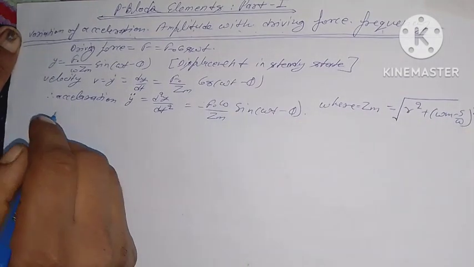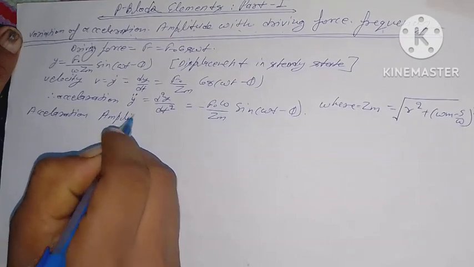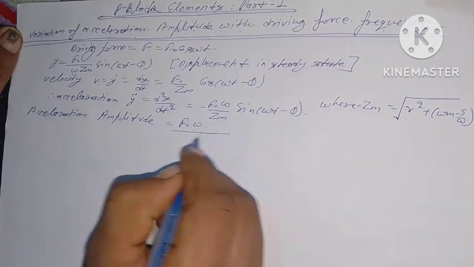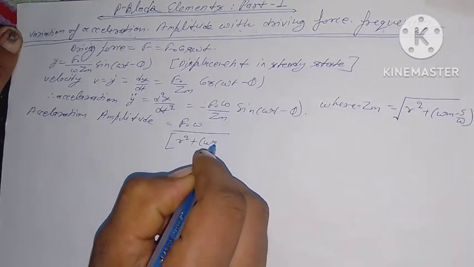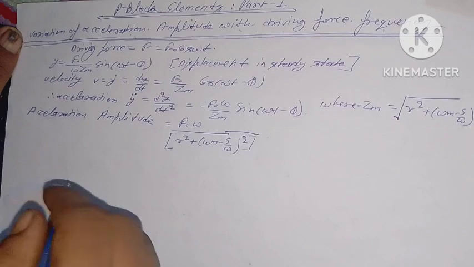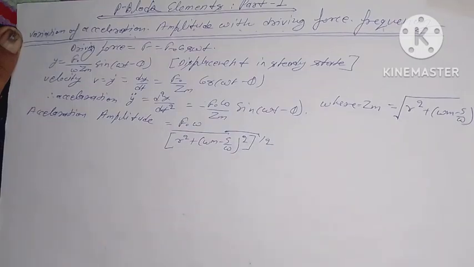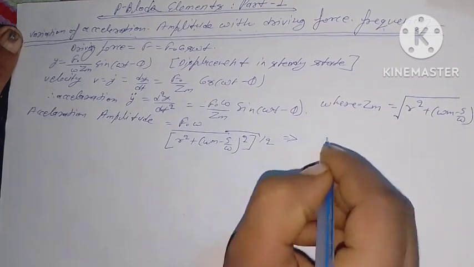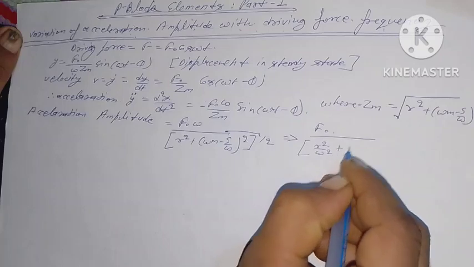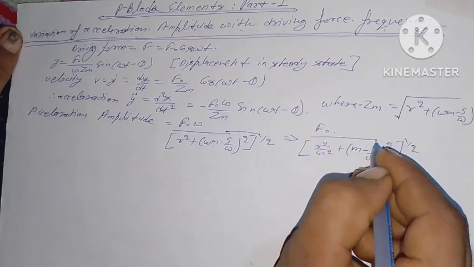Then acceleration amplitude equal to F naught omega upon [r square plus (omega m minus s by omega) square] to the power 1 by 2, which is F naught upon [r square by omega square plus (m minus s by omega square) whole square] to the power 1 by 2.